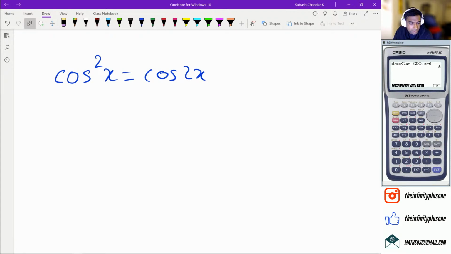So the reason I know this is true is because, remember that cos 2x can be written as 2 cos squared x minus 1.